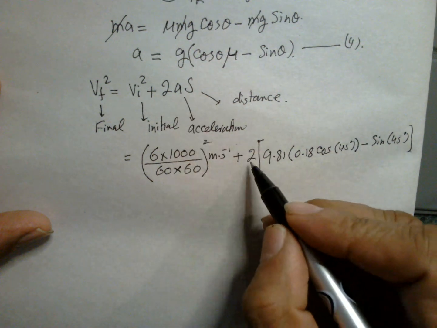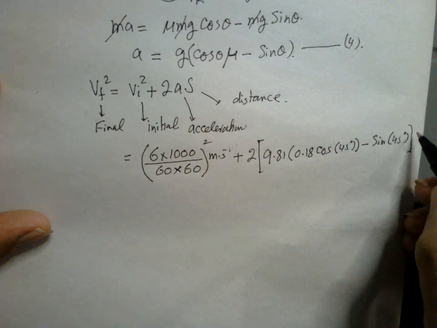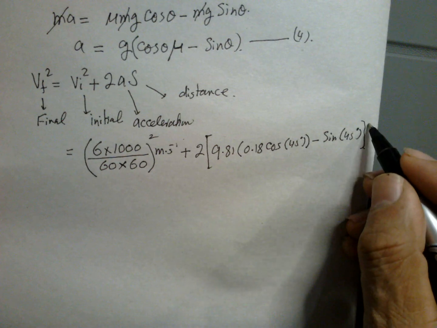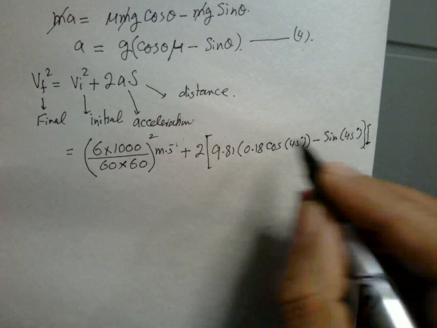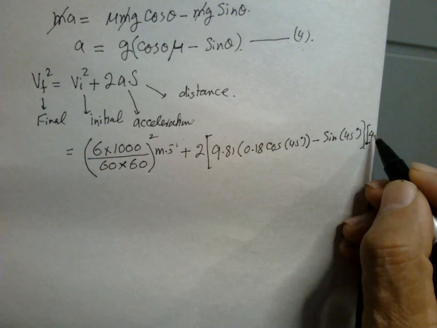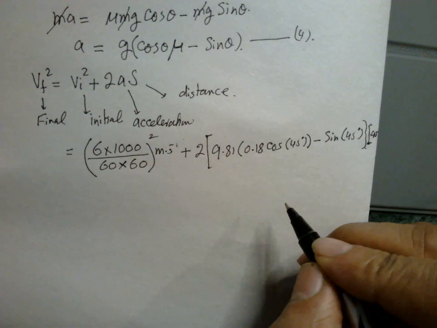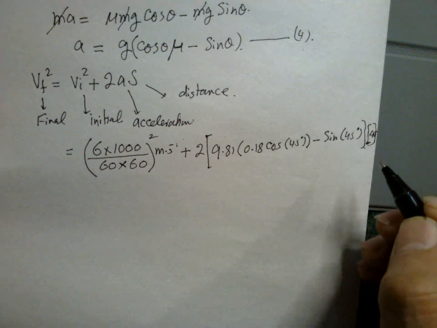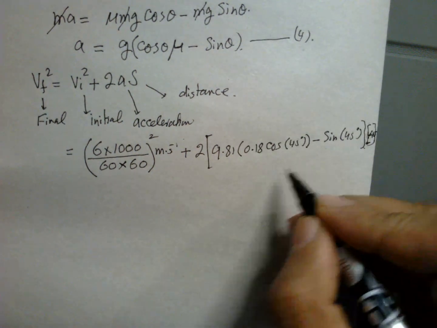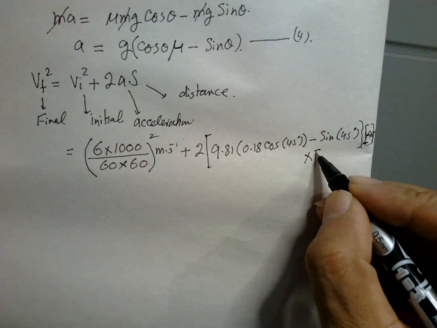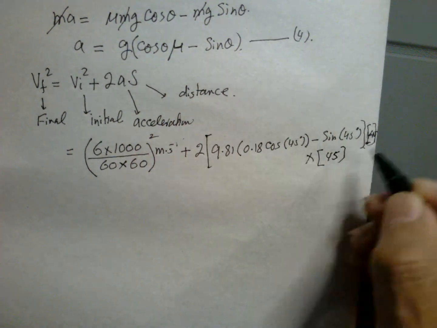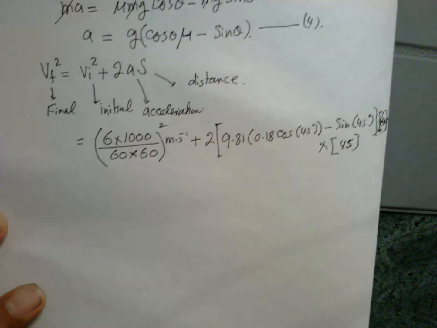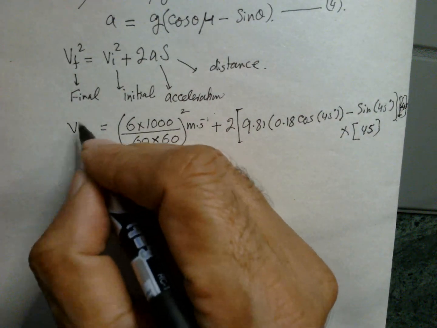This is 2a and s. S is equal to 45 multiplied by 45. So this is V final square.